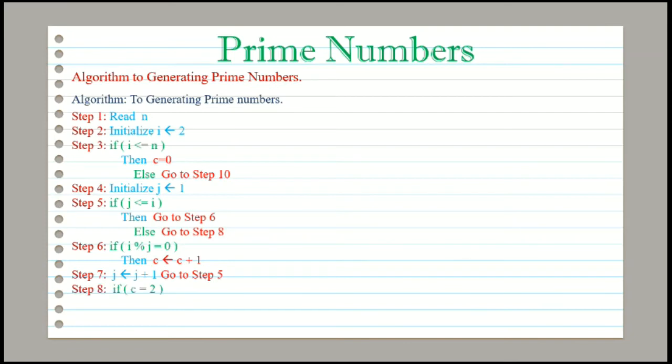In step 8, we will check whether C is equal to 2. If it's true, then the value stored in I will be the prime number, and we will print the value of I, and if C is equal to 2 is false, then the value saved in I is not a prime number.